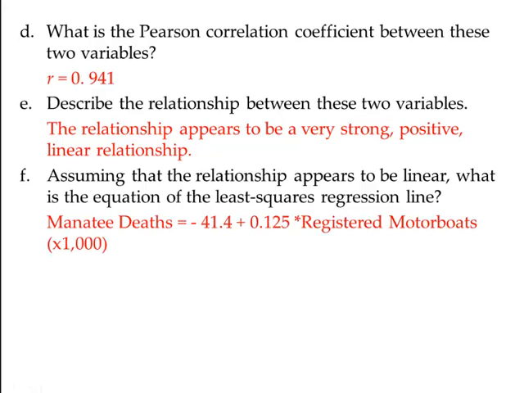The least squares regression line, or the line of best fit, is manatee deaths equals negative 41.4 plus 0.125 times the number of bolts.